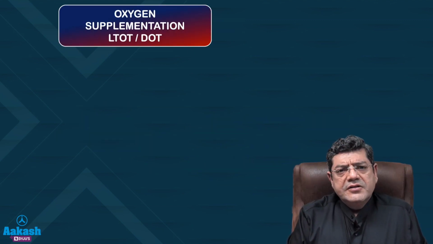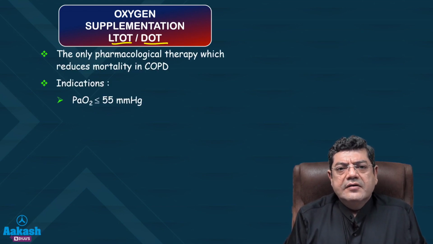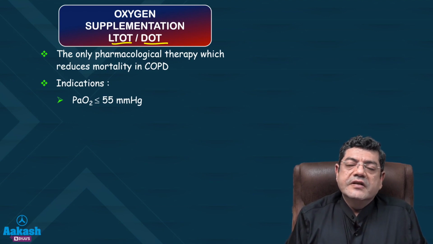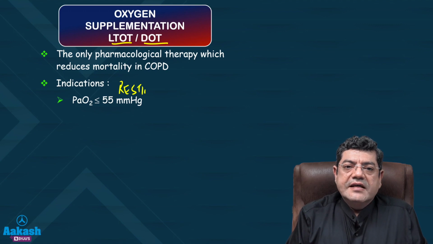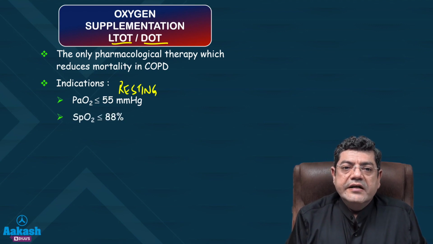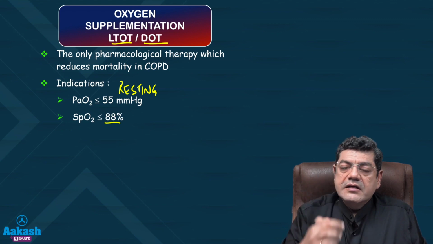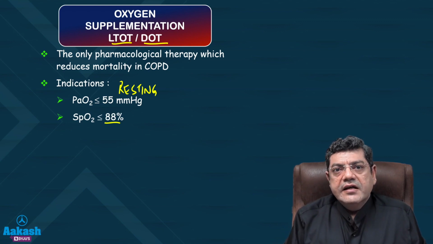Oxygen supplementation, long-term oxygen therapy or domiciliary oxygen therapy. I've said that already. When do you use it? If they have a resting PO2 of less than 55 millimeters of mercury, right? If they have a resting saturation of less than 88%, and if they have a resting saturation of less than 89% with pulmonary hypertension.